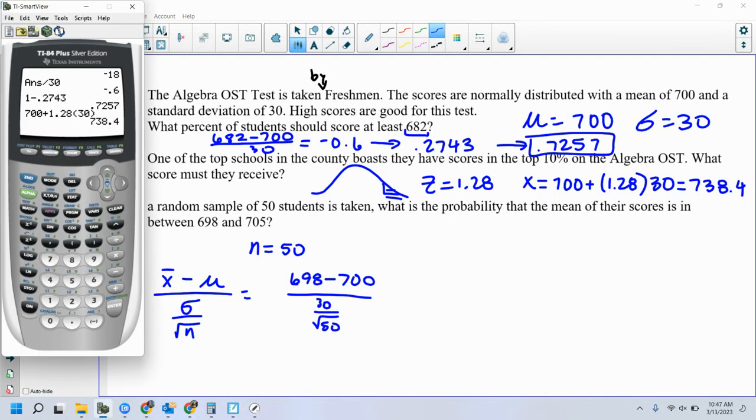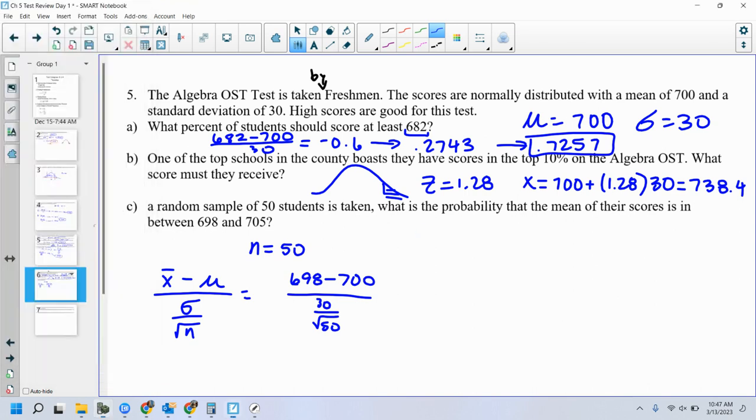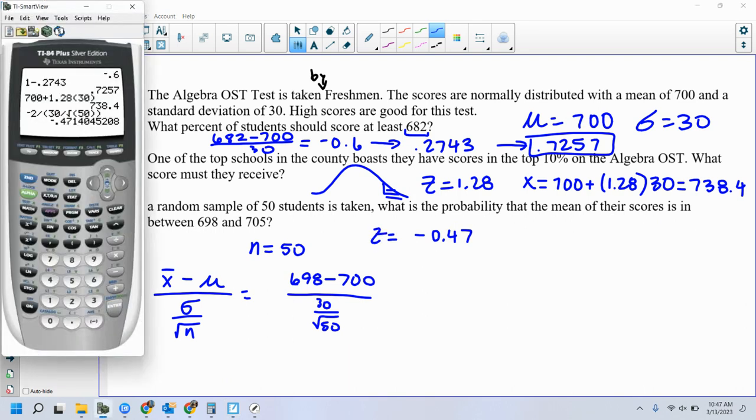So negative 2 divided by 30 divided by the square root of 50, which is going to get me negative 0.47. There's my first z-score, my low z-score. And then let's look at the 705. Same type of thing, but now instead of a negative 2 up top, I'm going to have a 5, right? 705 minus 700, which is going to give me 1.18.